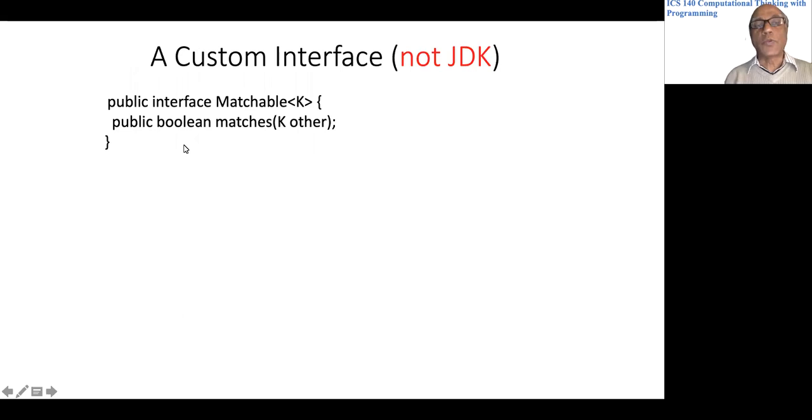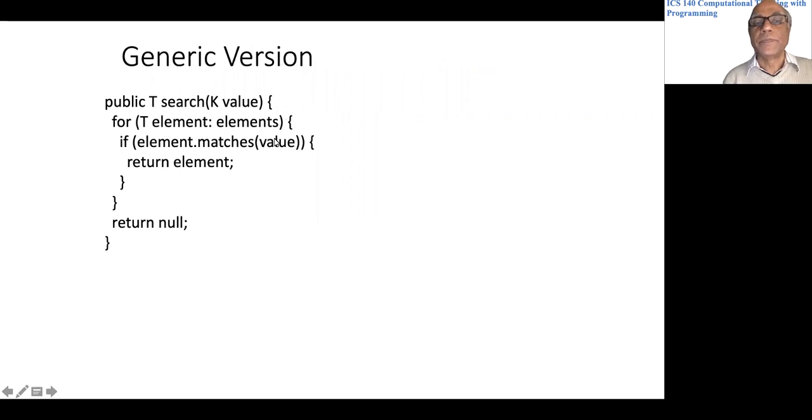So for this, we invent an interface called Matchable. And it has just one method, matches, and we have a parameter for matches, just like here. Right?